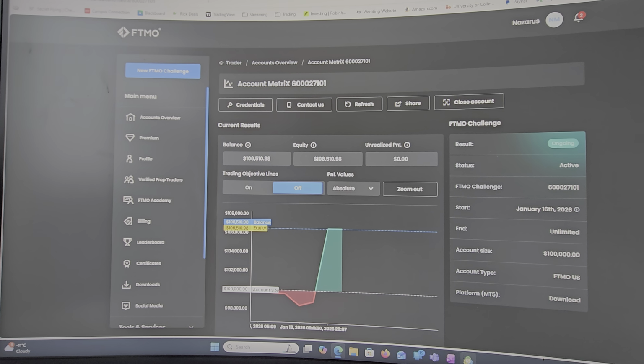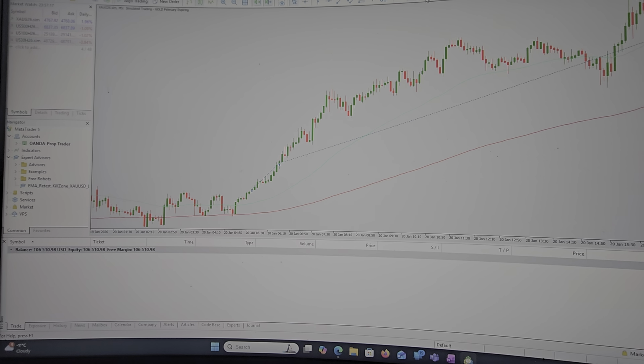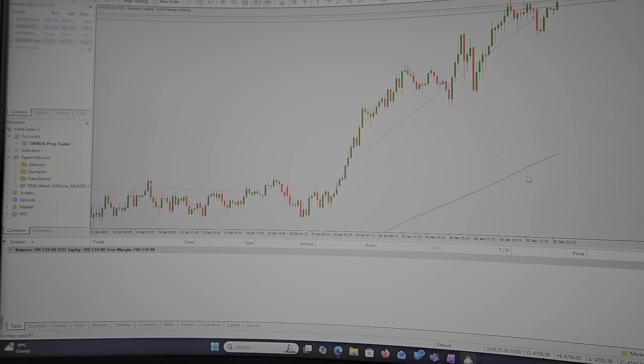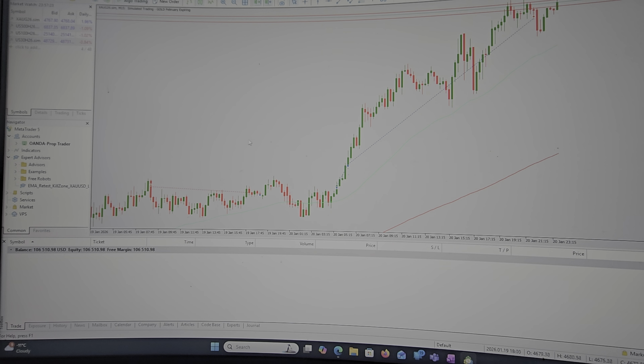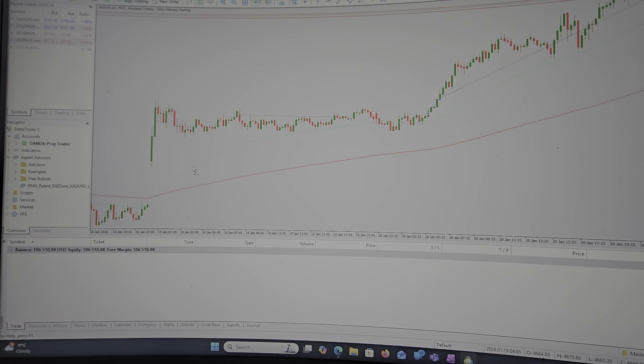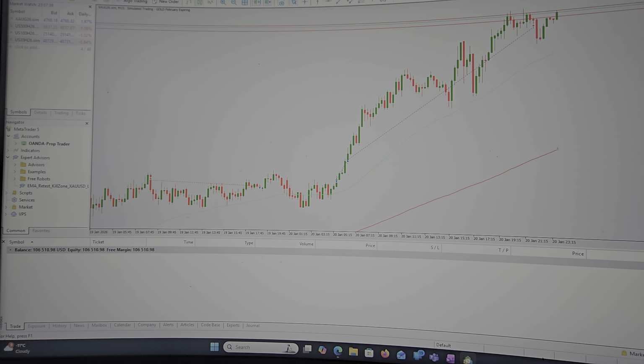So from this trade recap, before this trade, we did take another trade from here using demand and supply that I used, but it was a sell, so I took a sell position.